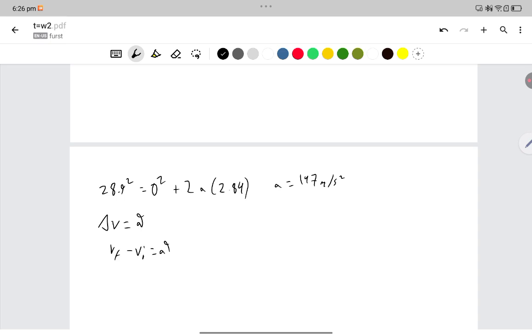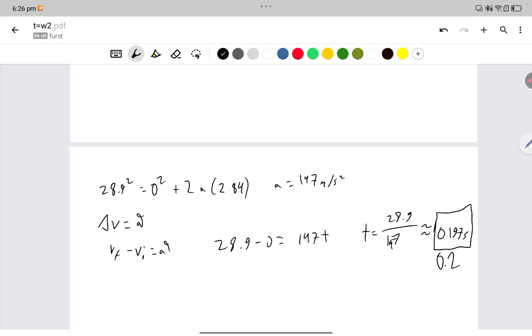The final velocity was what? It was 28.9. The initial is 0. And that equals the acceleration, 147, times t. T equals 28.9 over 147, which is about 0.197 seconds. So what does this mean? This is pretty much 0.2 seconds.